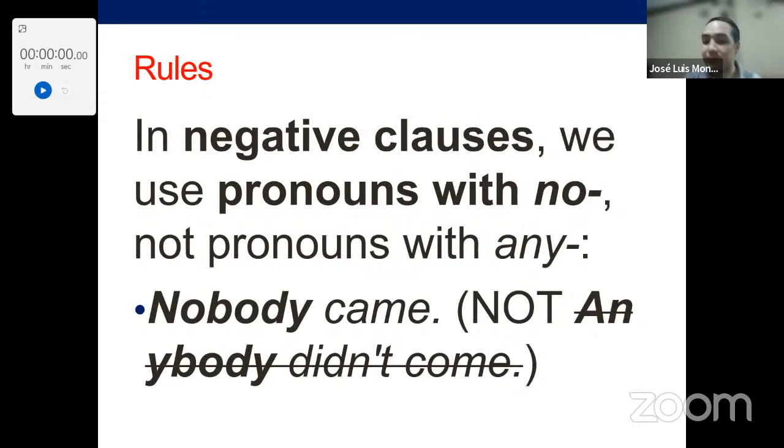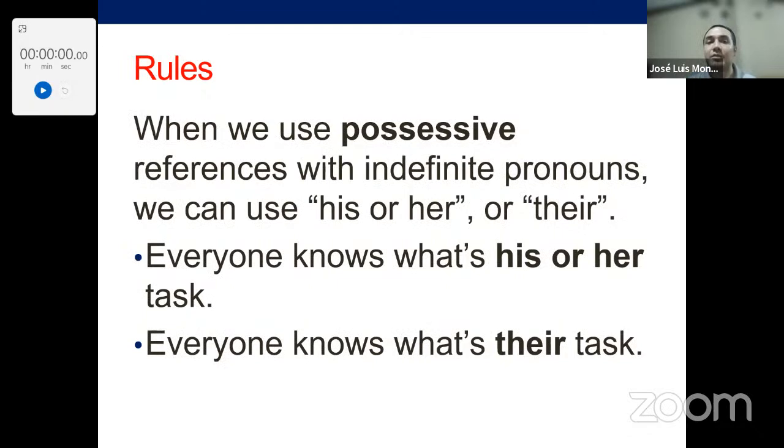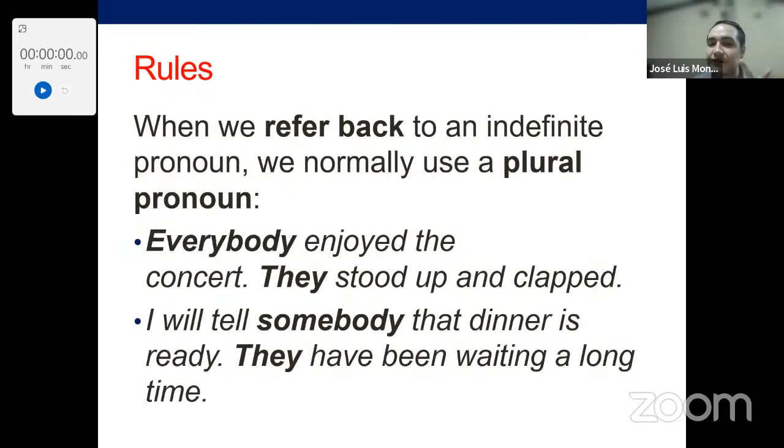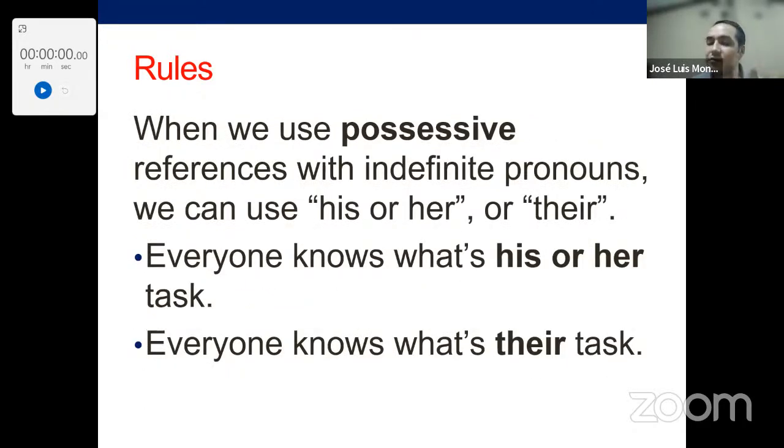Now, these are negative clauses, but before that, let's use this rule, please. Remember, they have to be conjugated in singular, they have to be mentioned as plural the second time, and they have to be mentioned in plural when you use the possessive. And we're going to do something that is going to be a short paragraph.